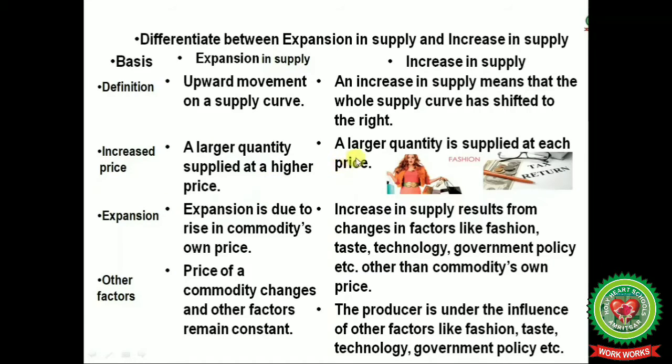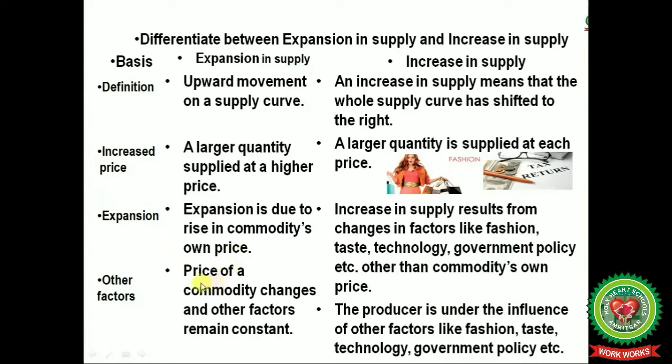Next one is increased price, a larger quantity supplied at a higher price. Under the increase in supply, a larger quantity is supplied at each price. Expansion is due to the rise in the commodity's own price, and increase in supply results from changes in factors like fashion, taste, technology, government policy and others other than the commodity's own price.